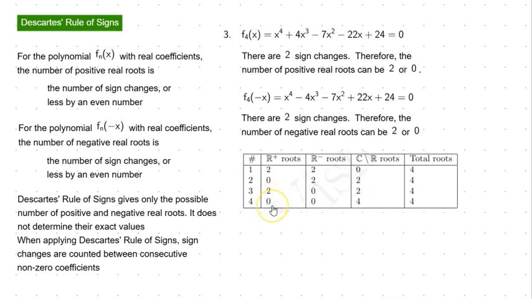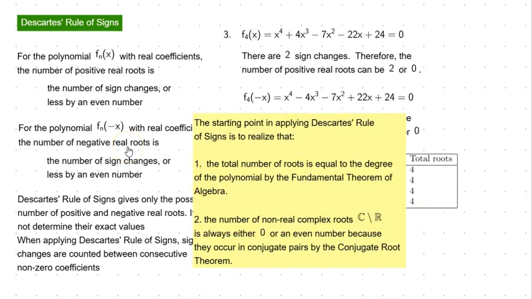Now, if positive real roots are 0, negative real roots are 0, that means 4 non-real complex roots, or in other words, 2 pairs of non-real complex conjugates. Interesting, right?